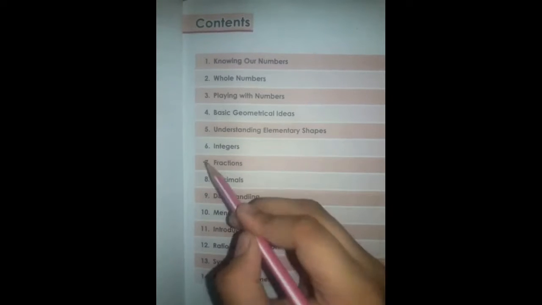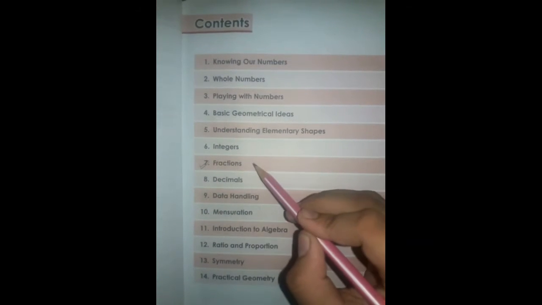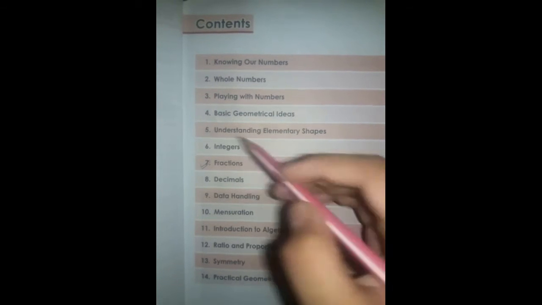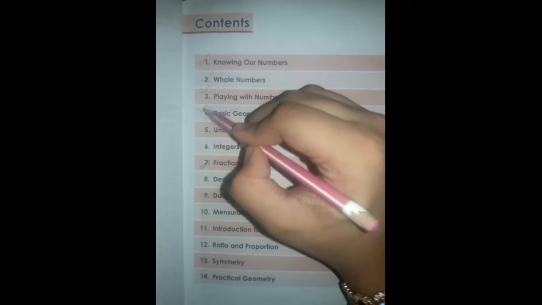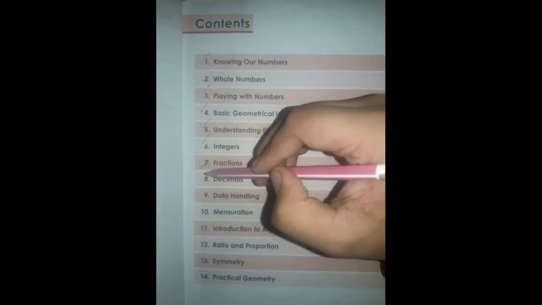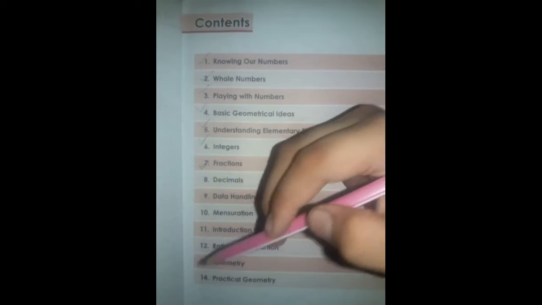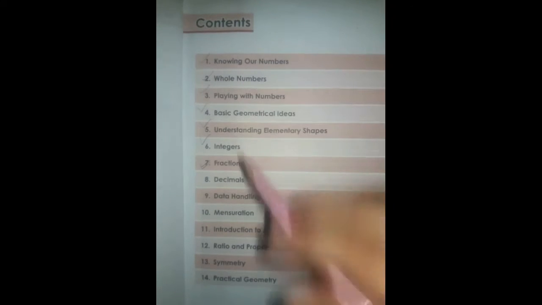Till chapter 7, till fractions, it will come in our half yearly. These are the chapters that will come in our half yearly, and chapter 8 to chapter 14 will come in our final year exams. Let me write it. Chapter 1 to 7.